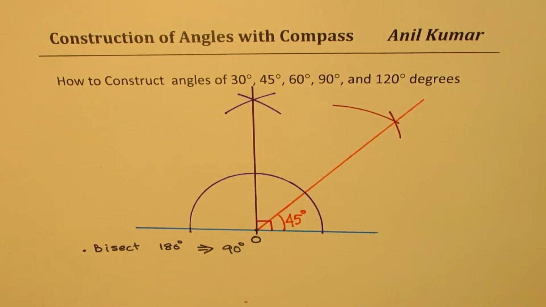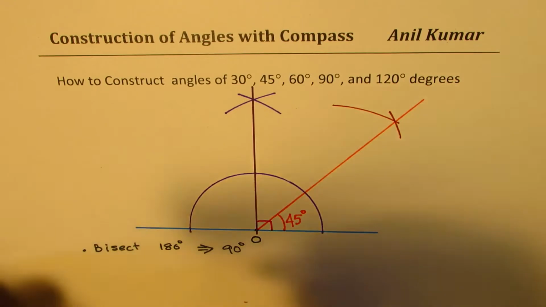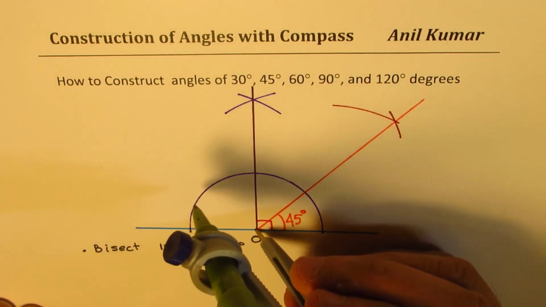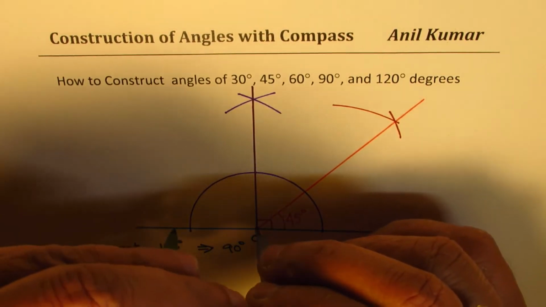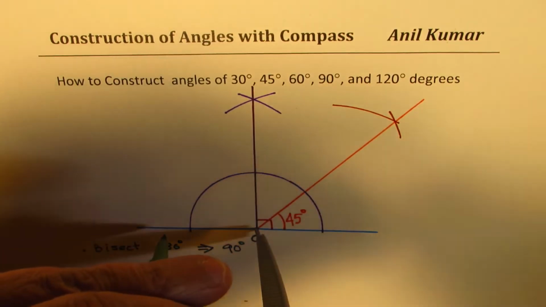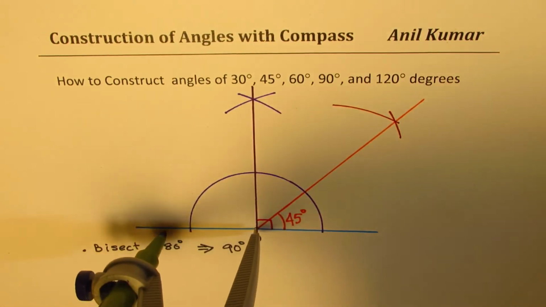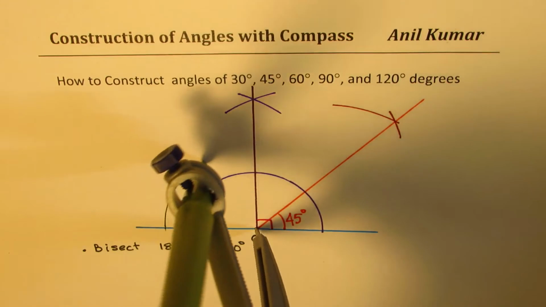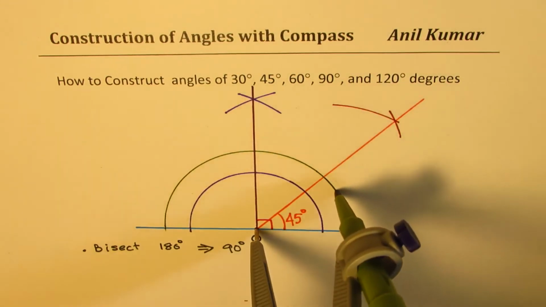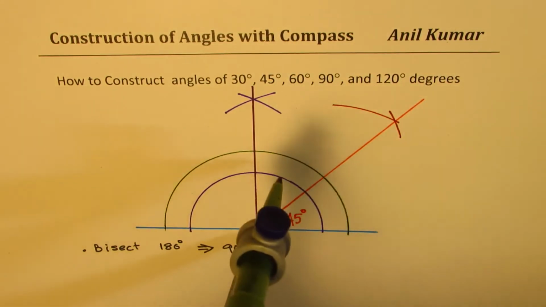Okay, so for 30 and 60 degrees, let me start the construction with an arc, like a new construction, okay? So this time, again, I will draw an arc just as we started with for the 90 degrees. So we got this one.